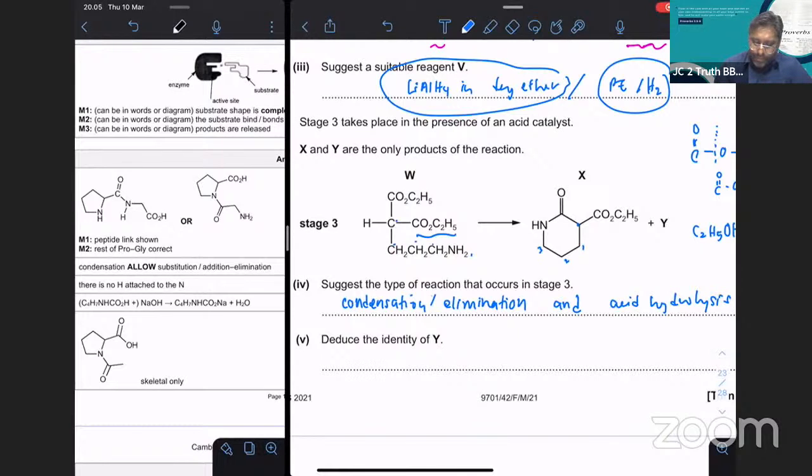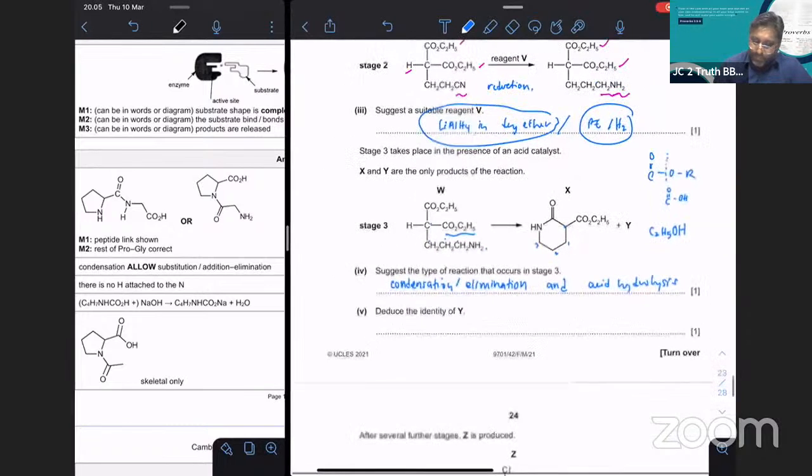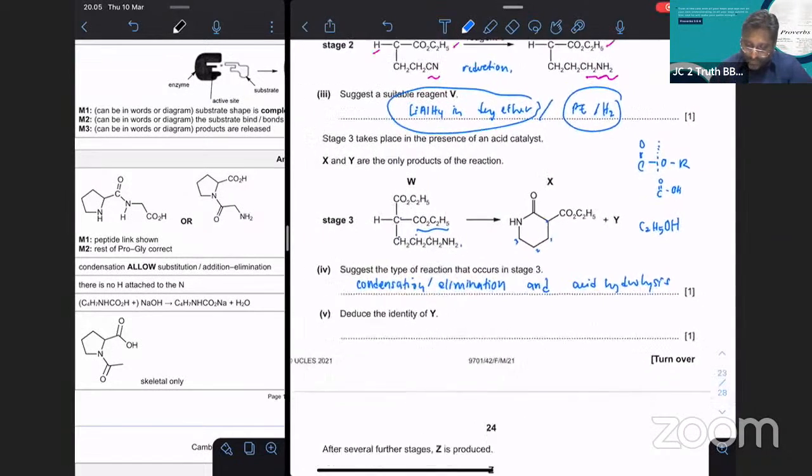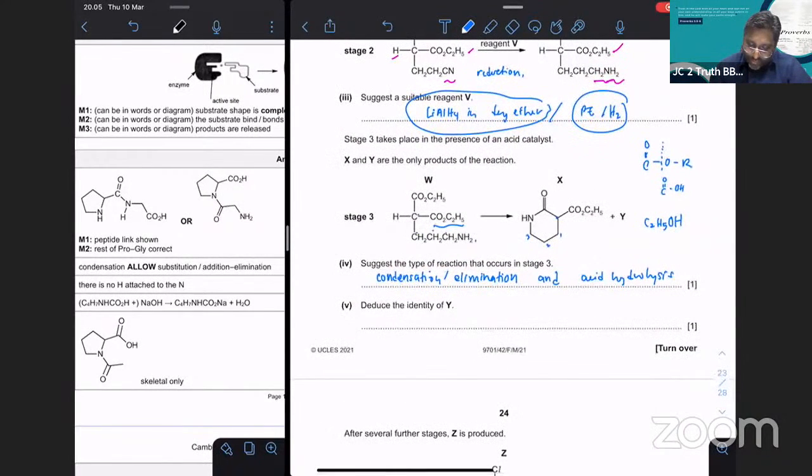The reaction, they say, is with acid catalyst.